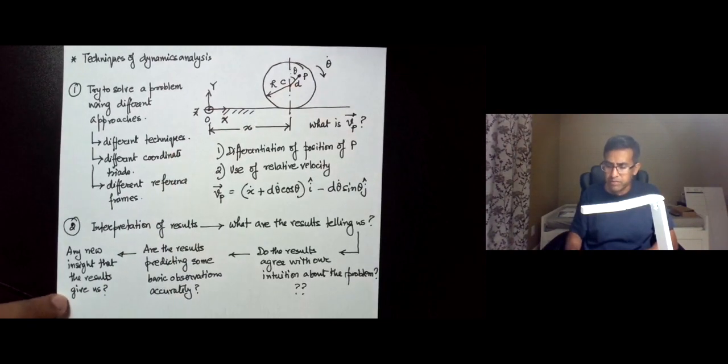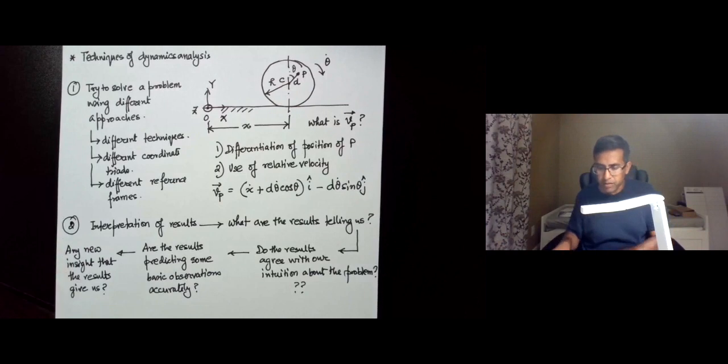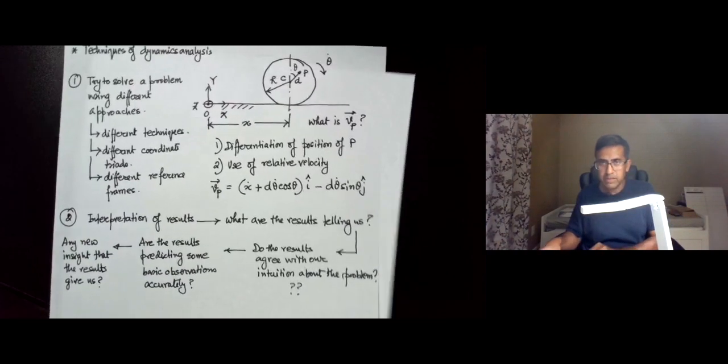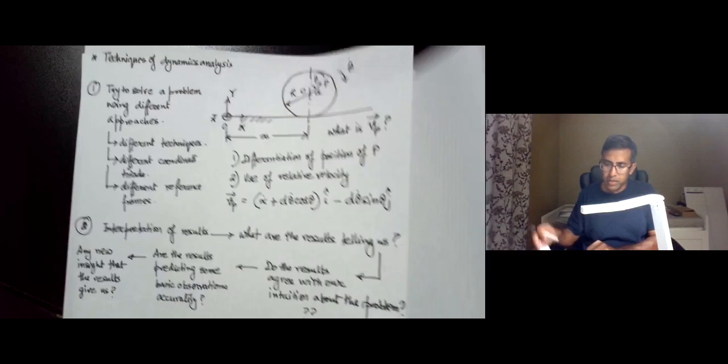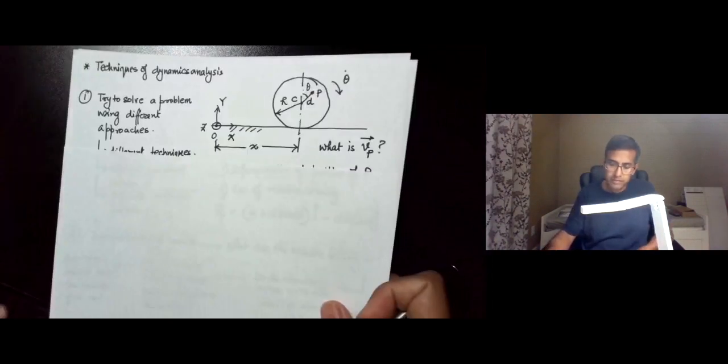Okay, so now let us see how we can apply this idea of interpretation of results for this particular problem. So for this particular problem, let me just go to a new page so that I can keep this problem in view while I make some notes.